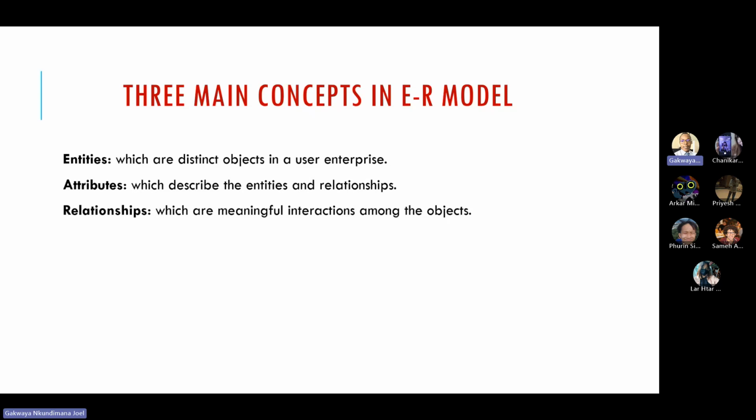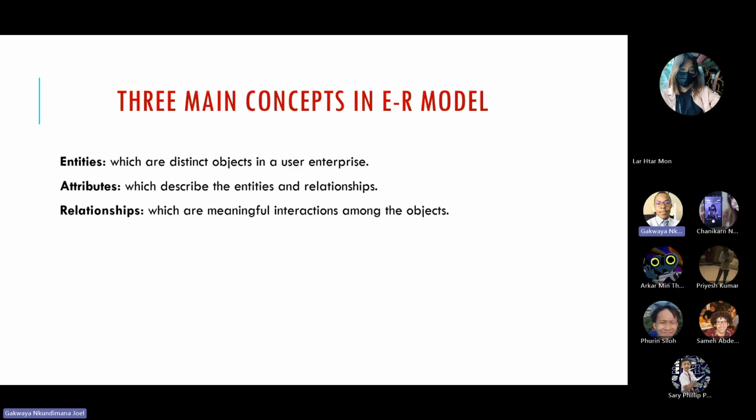In other words, how do we call an attribute inside the database? Field. Excellent. So we call them the field. They describe the entity and the relation. For example, a name, an ID, they are related either to a student or to an employee. Relationship, which is a meaningful interaction among objects, so they can be related.